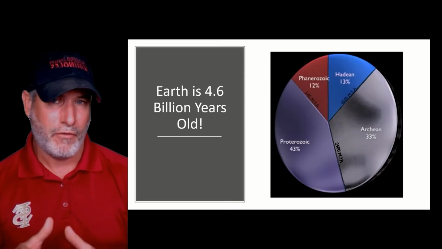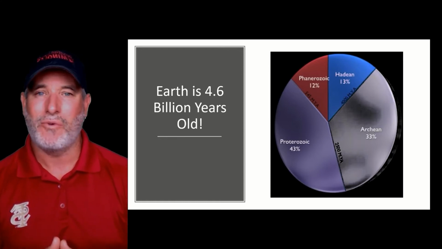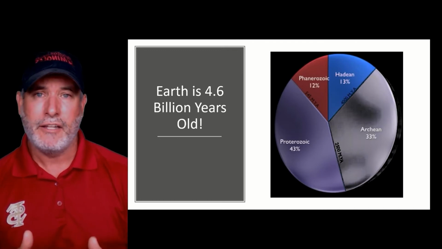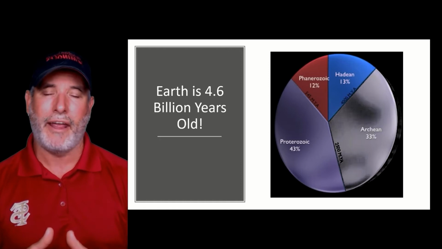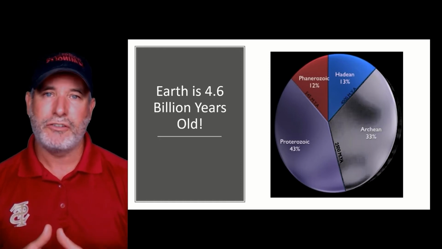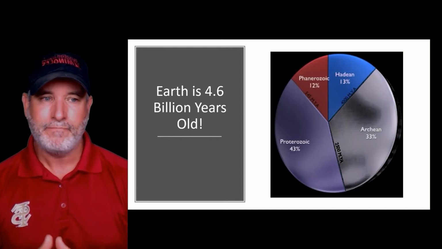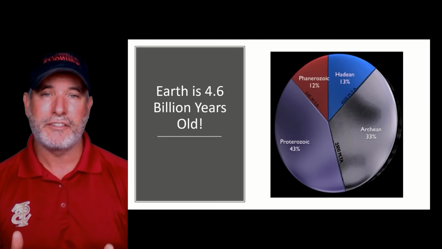Now, one of the reasons why this world is covered in life, lots of reasons why, the Earth is kind of old. It's a middle-aged planet. It's 4.6 billion years. This pie chart on the right of me shows you the different geological eons. If you notice, the Archean and the Proterozoic are the longest eons.